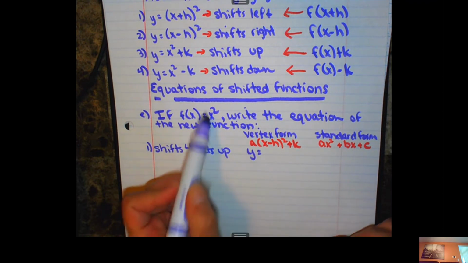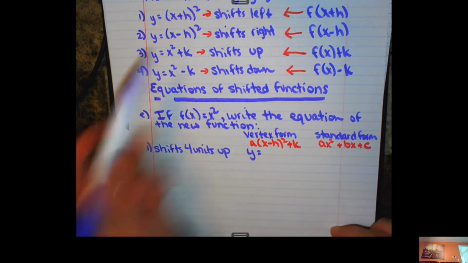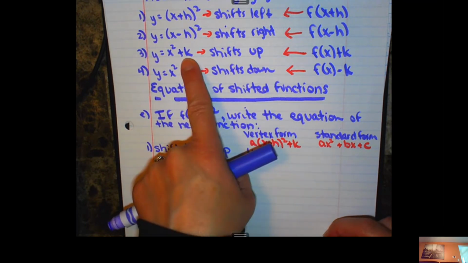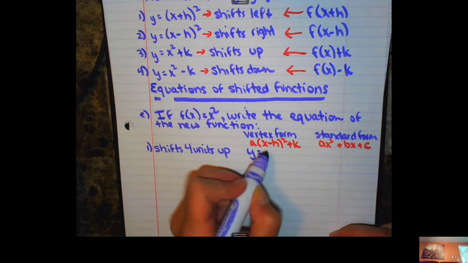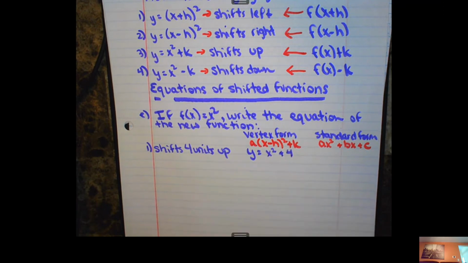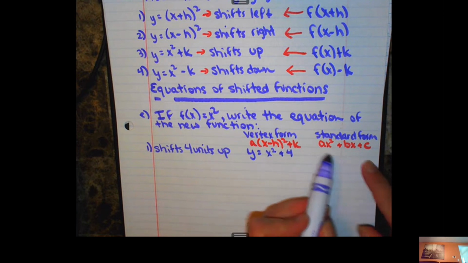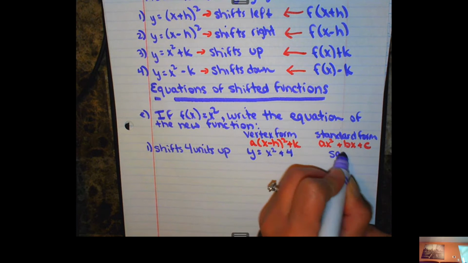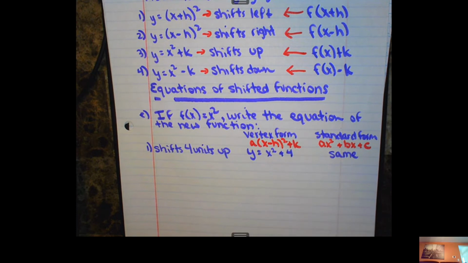If we're shifting it 4 units up, we're adding the number to the outside. So instead of just x squared, it's going to be x squared plus 4. Standard form would be if we had to get rid of the parentheses. There is no parentheses, so the answer would be the same. So you can just write same. You'll see as we get through a few that they'll be changed.